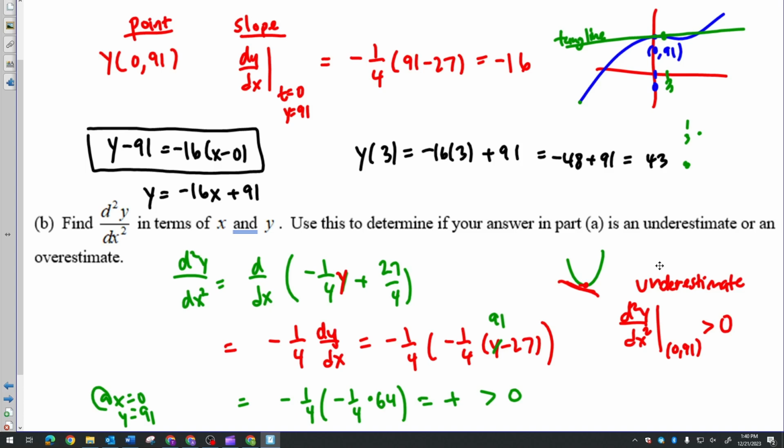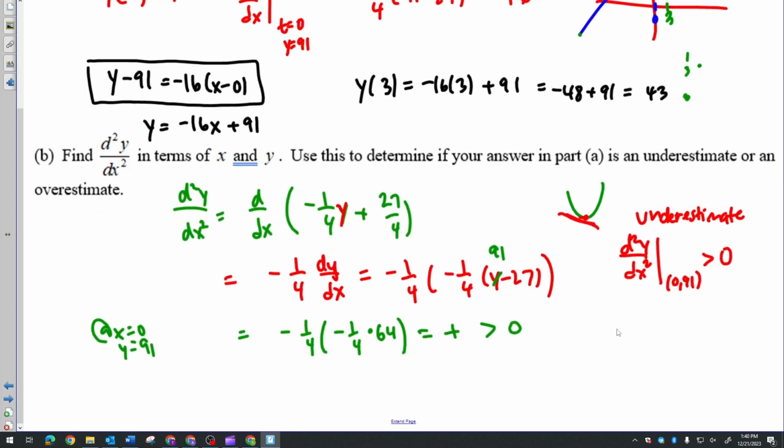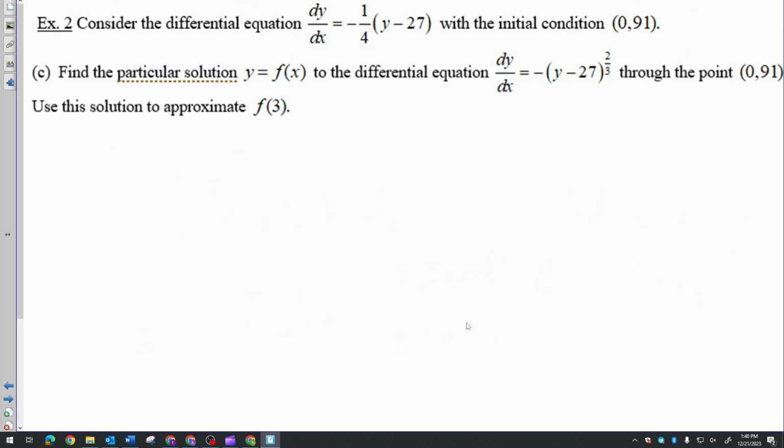Okay, let's look at the next question. This question says, find the particular solution to the differential equation, and this is the differential equation. Basically, find the particular solution just means find y. We talked about this yesterday, but there's a bunch of phrases you need to know that just mean find y.